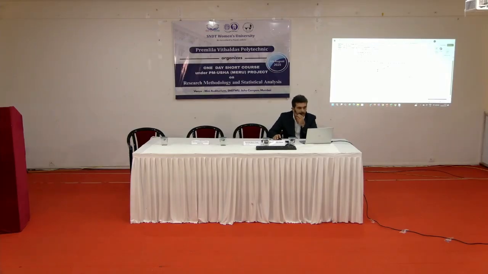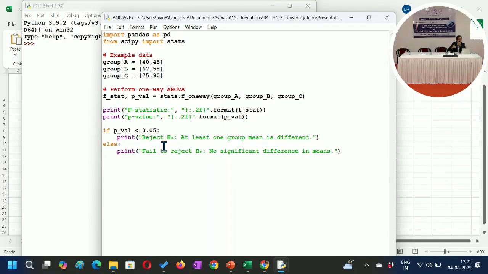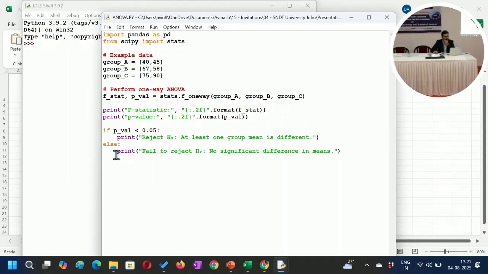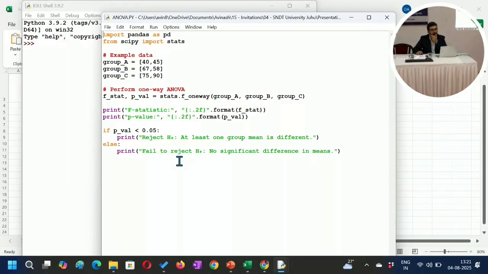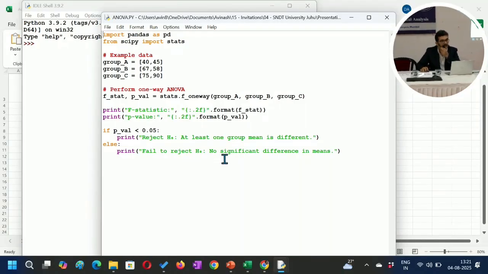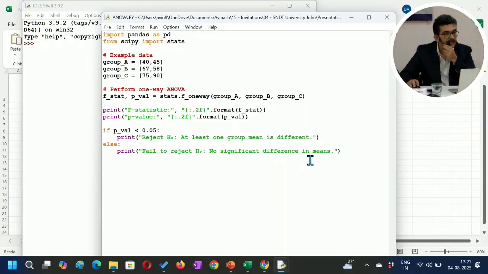You can see at least one condition here. If P value is less than 0.05, I am printing rejecting H0. P is the probability. If the probability of my hypothesis is less than 5%, then I have to reject. And if my probability is more than 5%, else print fail to reject or accept the null hypothesis. That is, no significant difference in means.